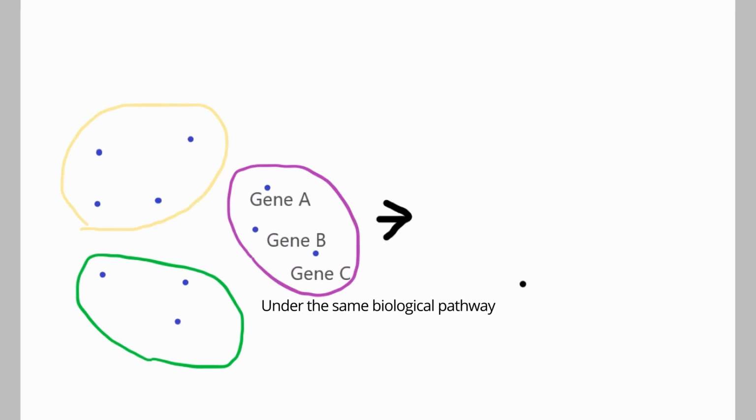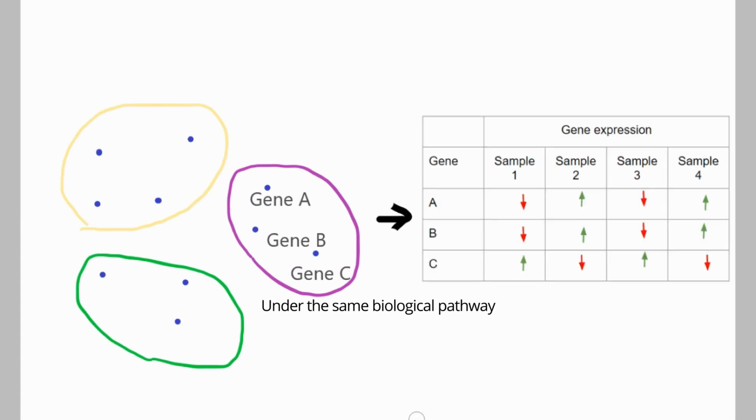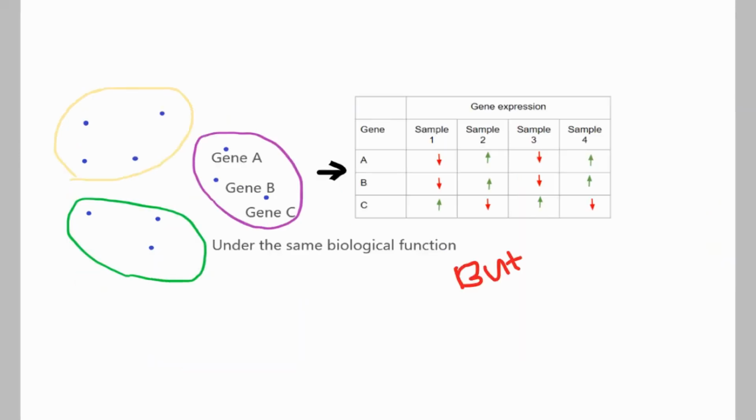So they are normally grouped together, and then we investigate how many genes are upregulated and how many of them are downregulated. So in the treatment group, if a gene exhibits an opposite trend compared with the other genes, it suggests that the gene plays a role in changing the condition of the cells and might be the targeted therapeutic gene. Wait, while it seems logical to do it this way, it will lead to a highly subjective conclusion.